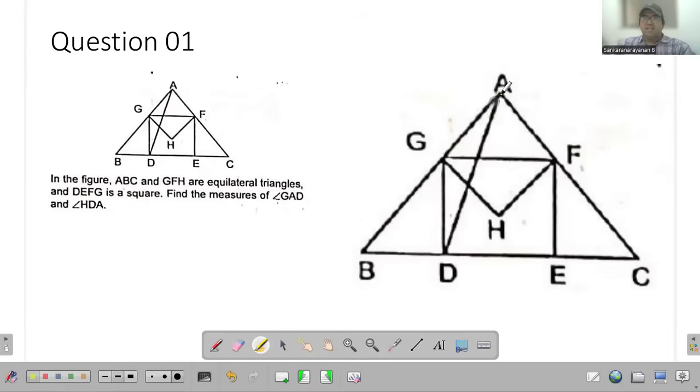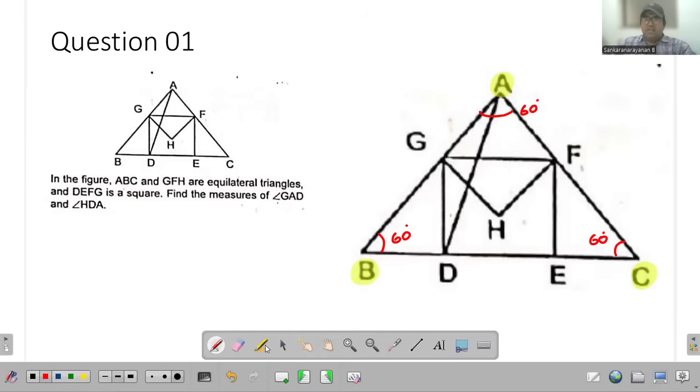Triangle ABC. So we have this vertex A here, B here, and C here. This triangle is given to be equilateral, right? Which means I can see that this angle has to be 60 degrees. I can see that this angle over here, angle C, has to be 60 degrees. And in the same way, this angle over here, the full angle, has to be 60 degrees, right?